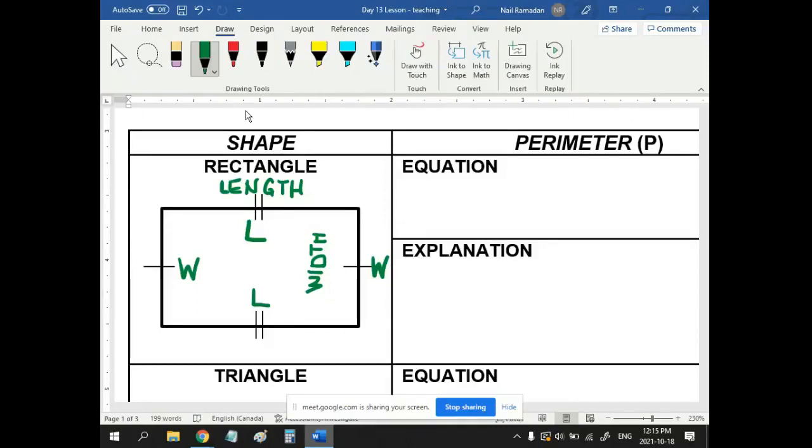How do you get the full perimeter of this? What do you do with those four sides? You add them up. So explanation, everyone. Under explanation, not equation yet, just under explanation, right?